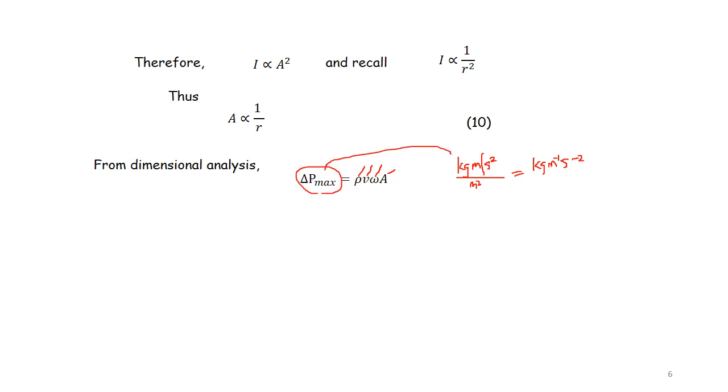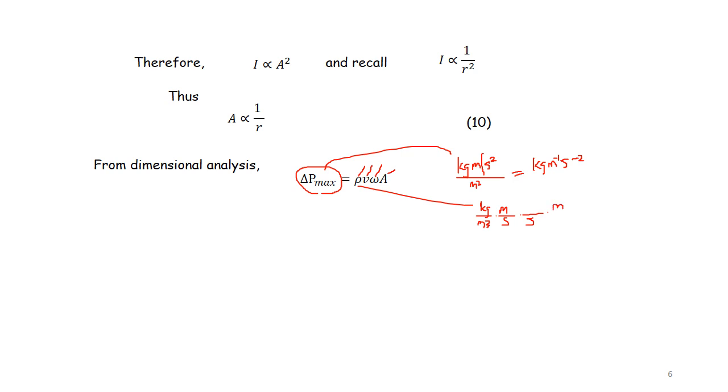Then if you now switch these one by one, look at it. Density is kilogram per meter cube, then wave speed v is meter per second, then angular frequency is per second, and amplitude is meter.